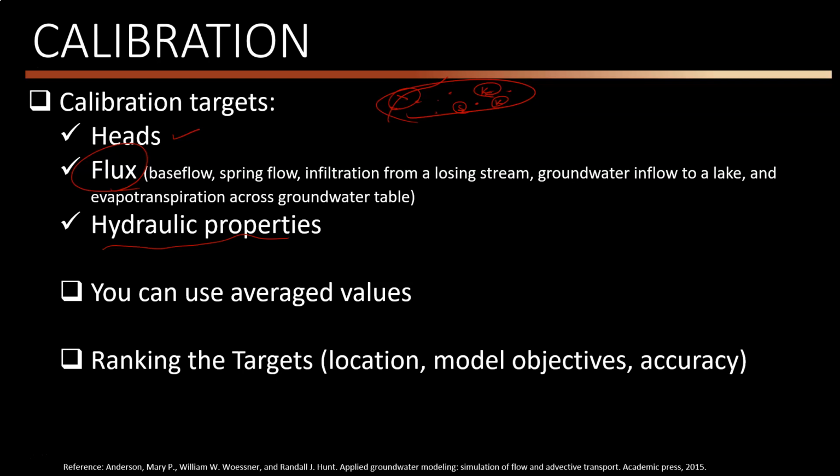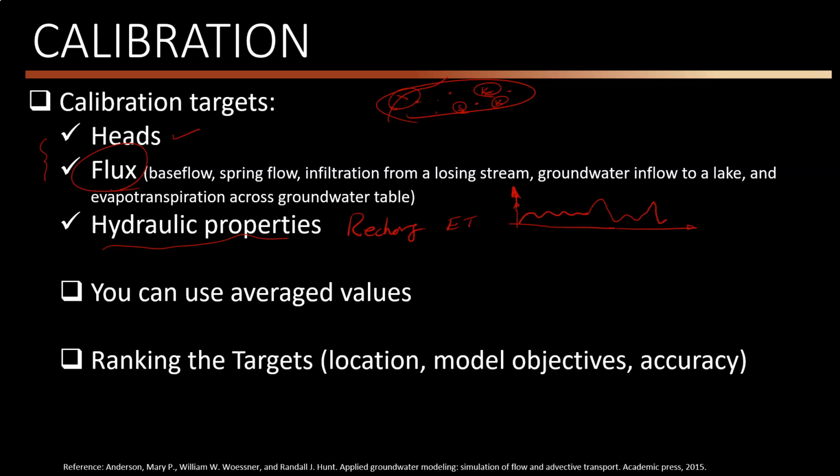But speaking specifically about heads and flux, if you think about the recharge and ET terms, you know that these values, like the groundwater table, fluctuate and change with time. It is seasonal, and in some cases maybe daily.